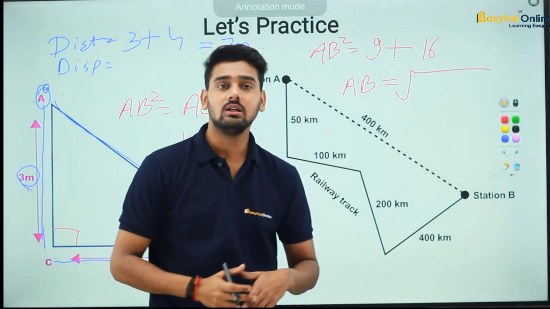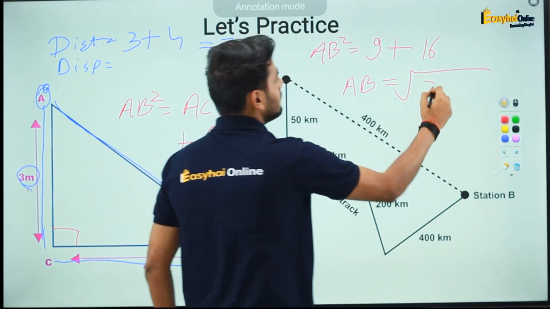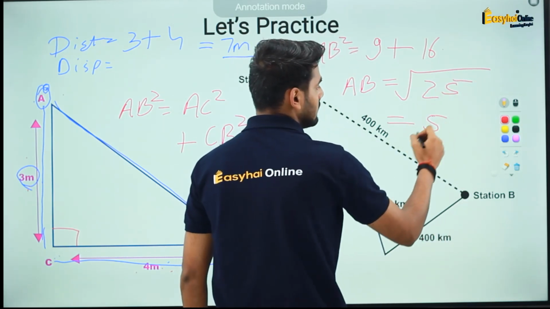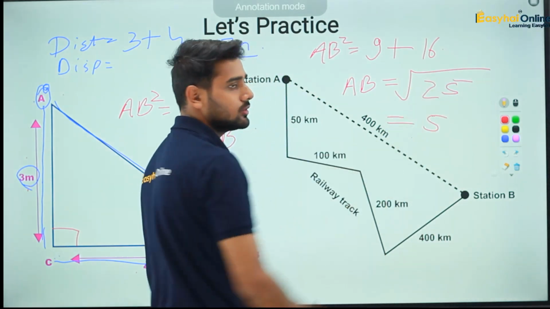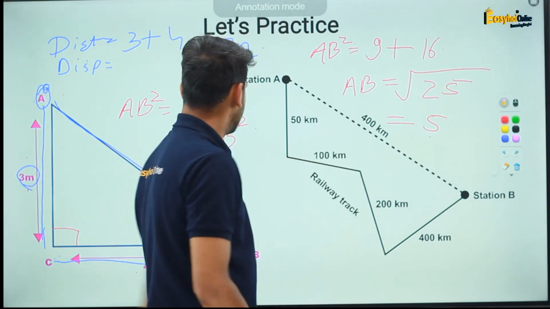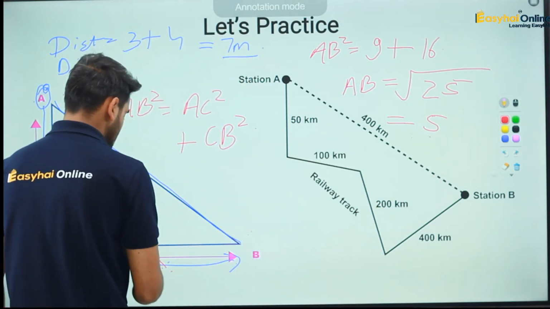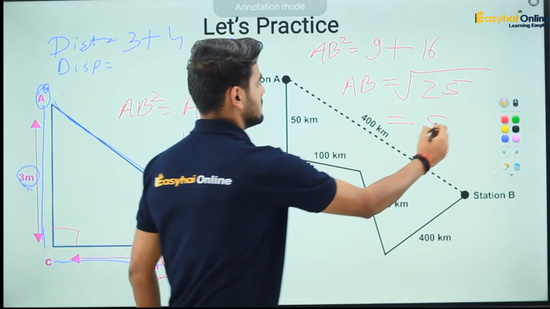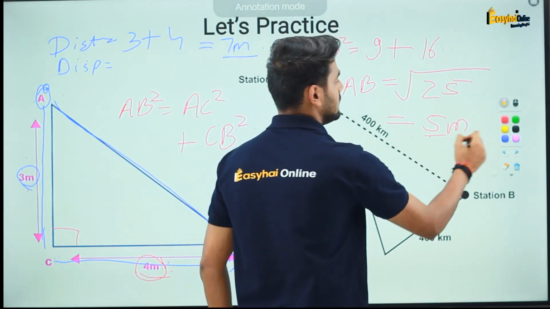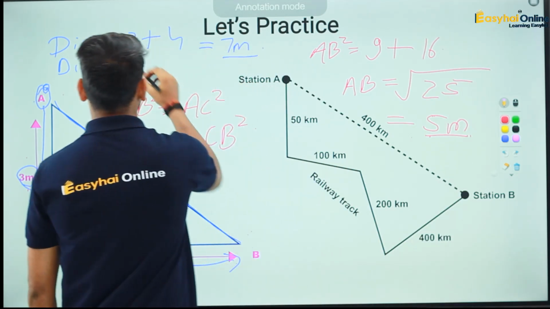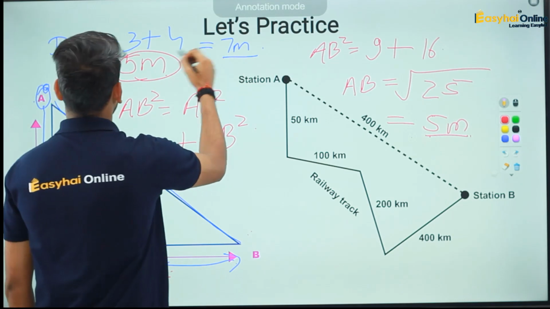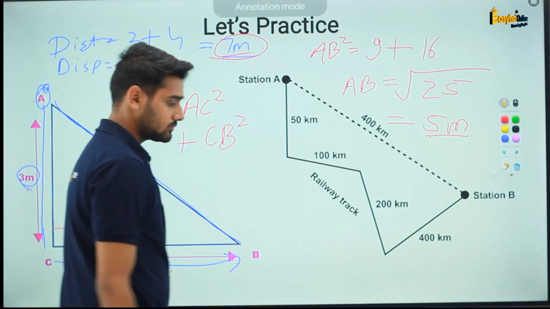What is 9 plus 16? 9 plus 16 is 25, and the square root of 25 is 5, because 5 times 5 is 25. The unit that I am using is meter, therefore this is going to be 5 meter. So here I can write that the displacement is 5 meter, and remember that the distance is 7 meter.